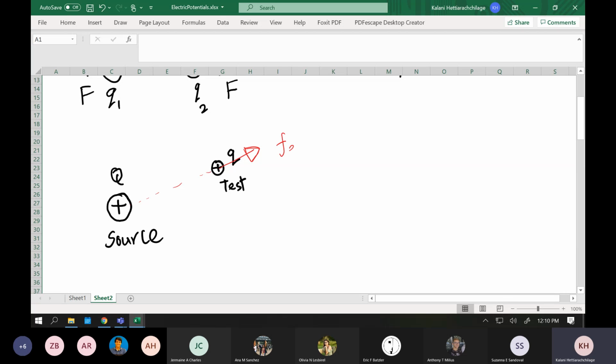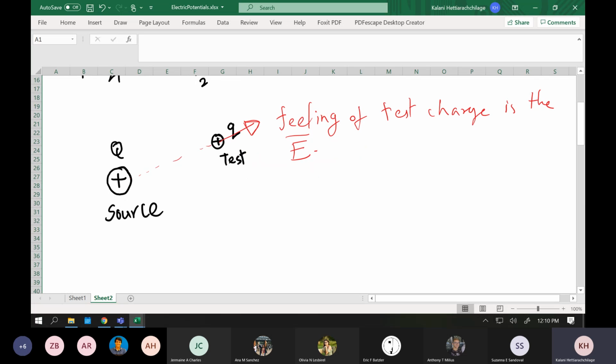That feeling of the test charge is what we call the electric field. We usually use the symbol E, right? So after you realize that, this positive charge will create an electric field outward. That will be the electric field from any positive charge, pointing outward.